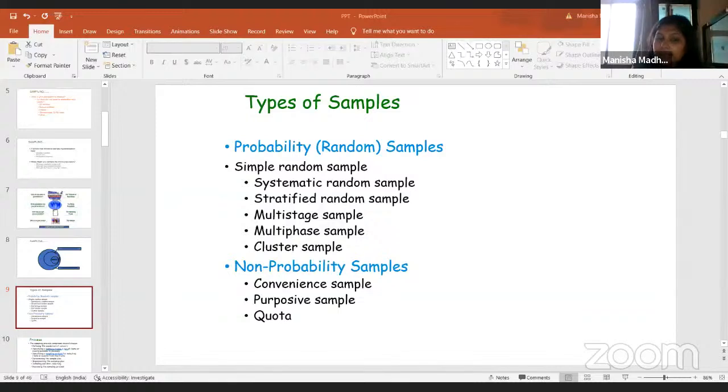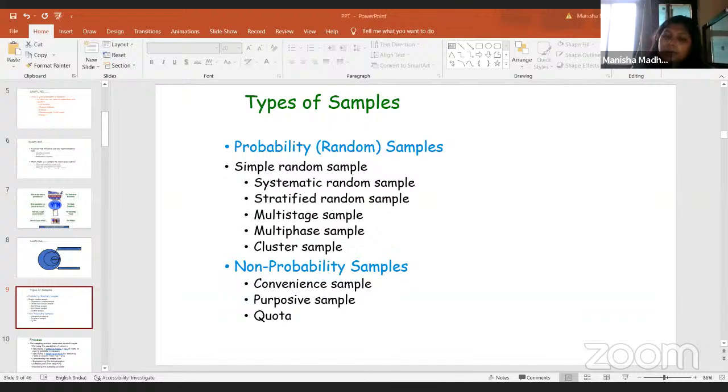Now, second is convenience sampling. In this type of technique, only those people are selected who are accessible to the researcher. For example, if I want to conduct research on any topic, and I need to select a few members, rather than going on selecting any other members, what I'll do is what is convenient for me.